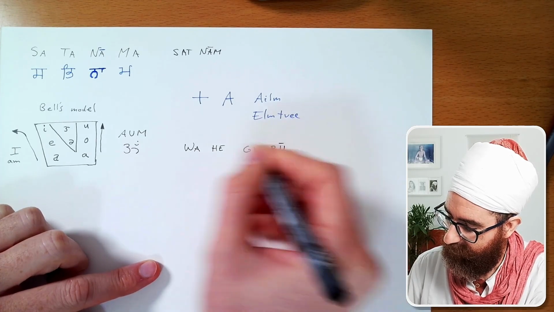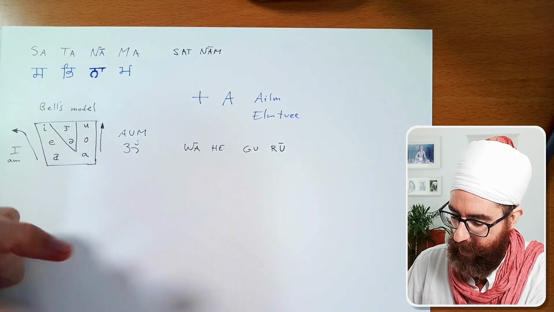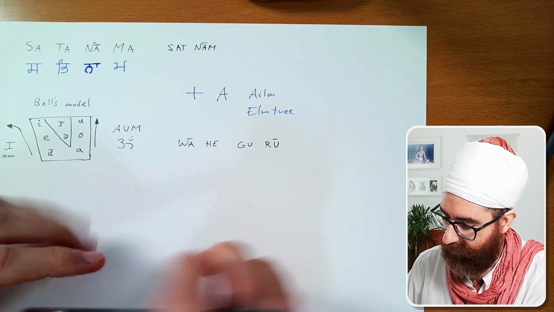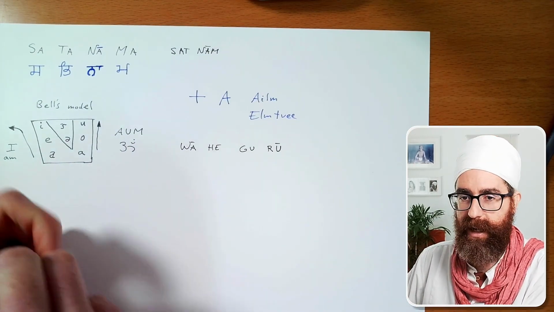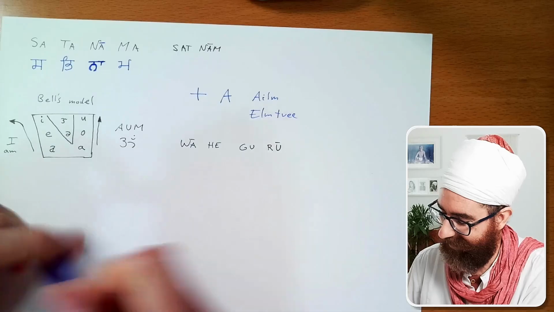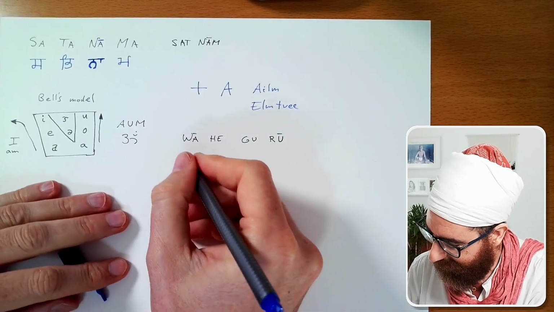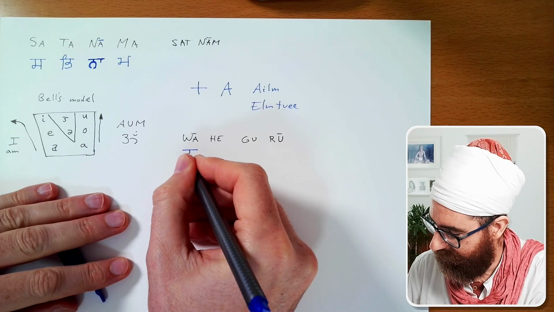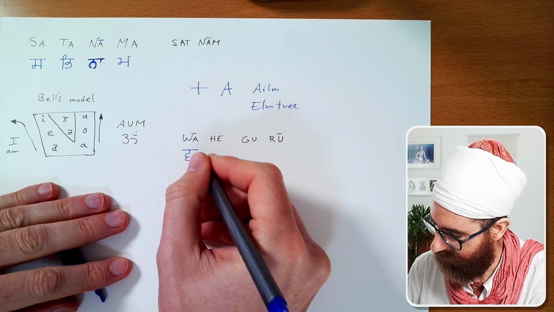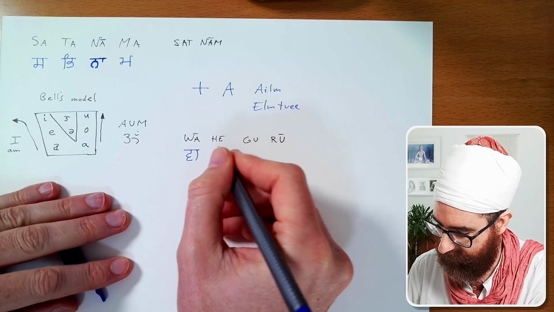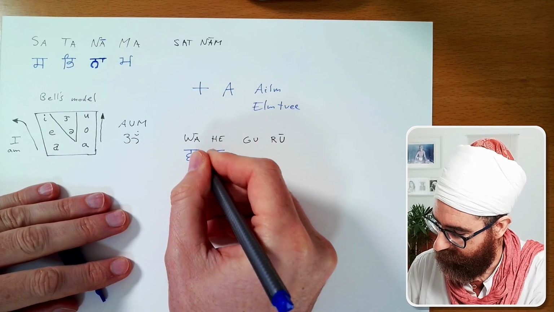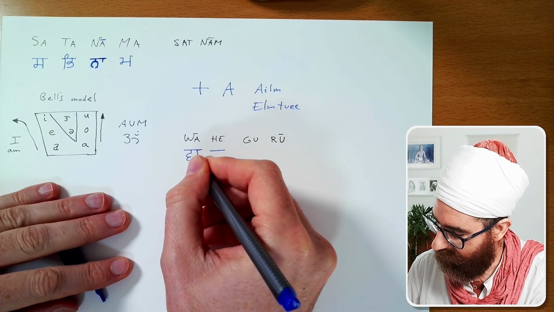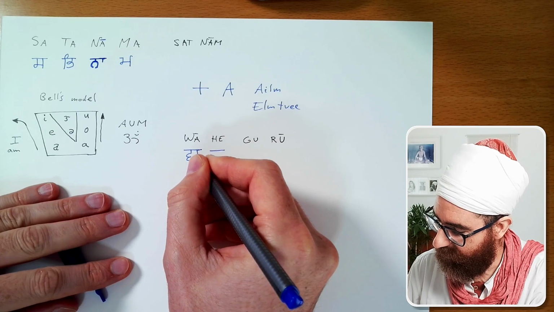And if you wrote it in Gurumukhi, I'm going to attempt to do that. Let's see my Gurumukhi drawing and writing, how it comes out. It would be something like this. He. So this is too long. I made it too long. It should be a bit shorter.